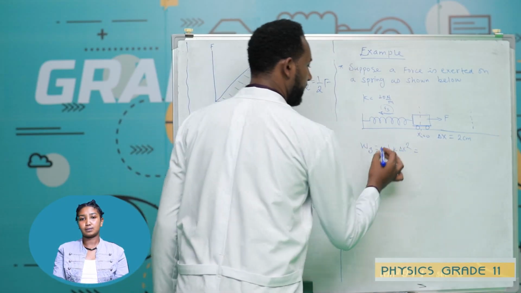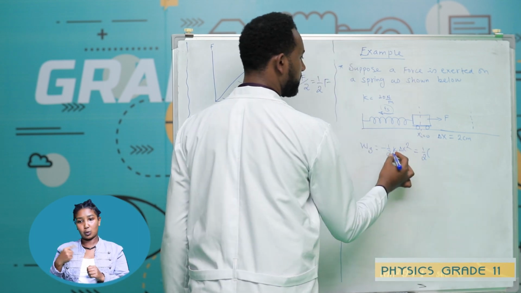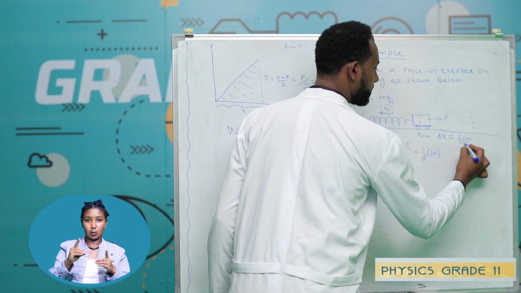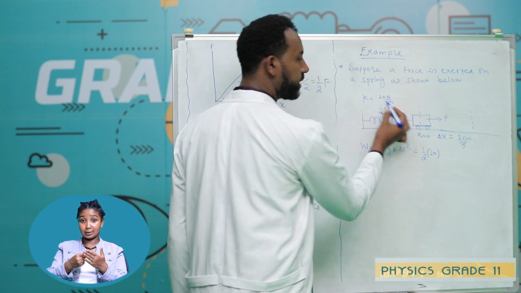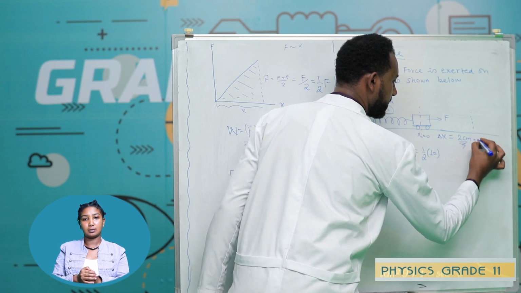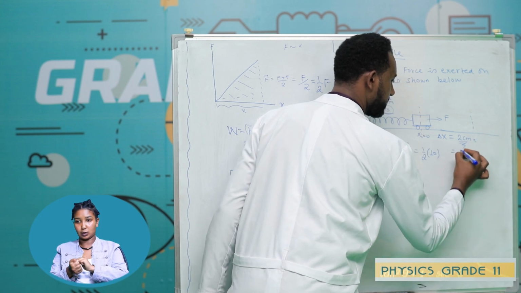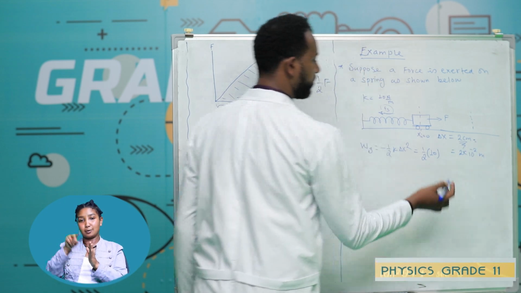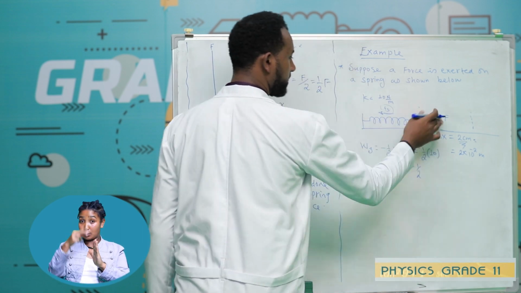The negative of 1 over 2 k times change in x squared: we substitute k as 10, and instead of change in x, we have 2 centimeter. You have to convert it to the standard unit, because the stiffness is in Newton per meter. The SI unit of length or extension is meter. So 2 centi means 2 times 10 to the power of minus 2 meter.